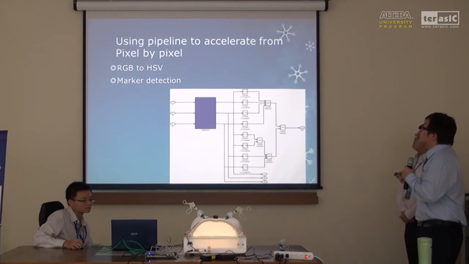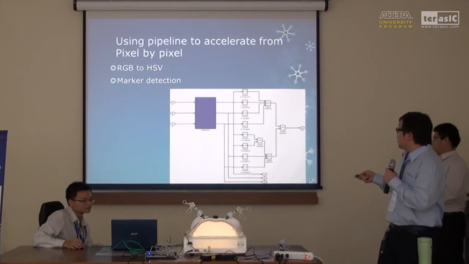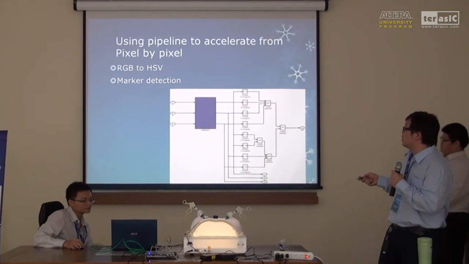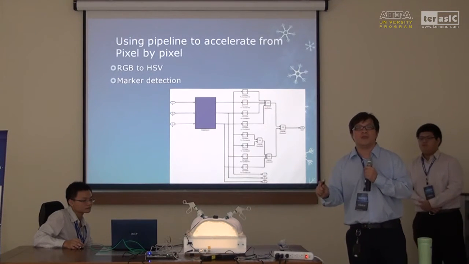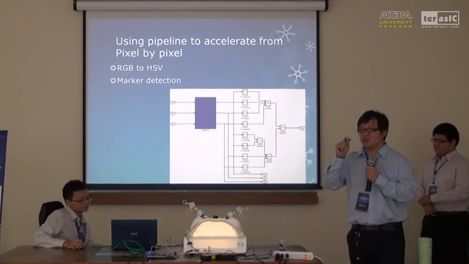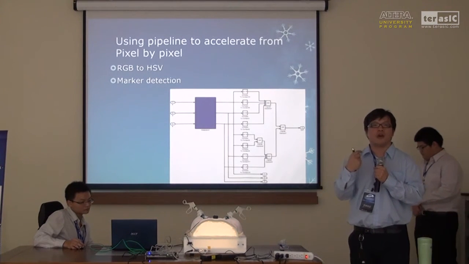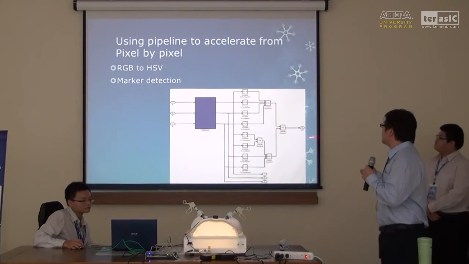Okay, how we use the pipeline to accelerate our system. This part is RGB to HSV. Every pixel comes into our system pixel by pixel. Therefore, we can find out the HSV. Then we can make sure if this point is our color, yes or no. If yes, we can send it back.